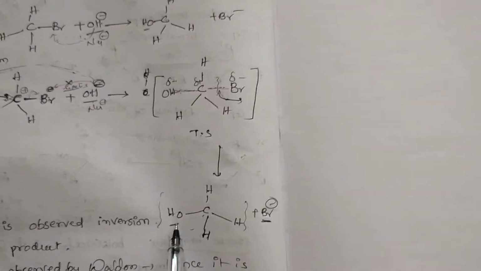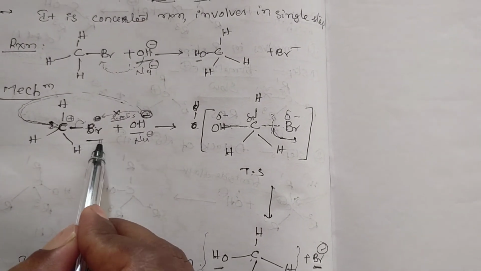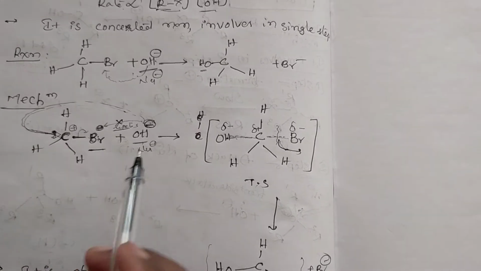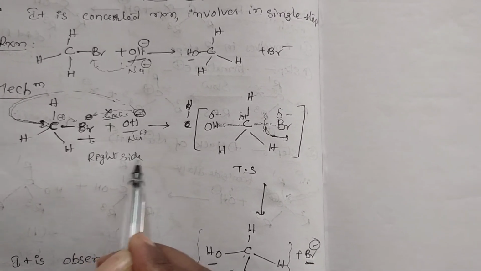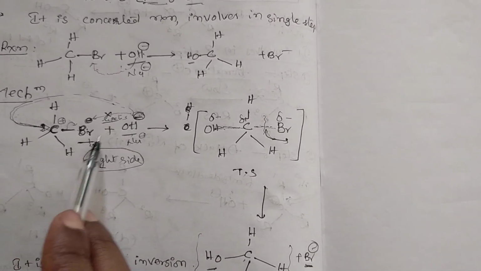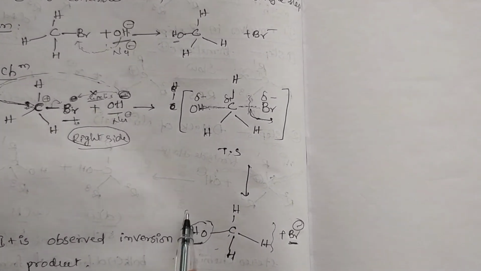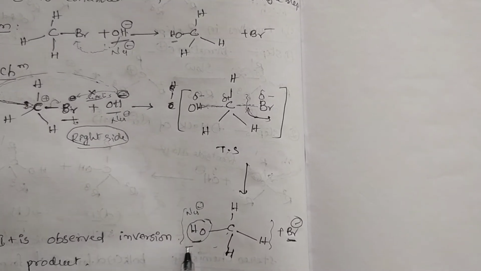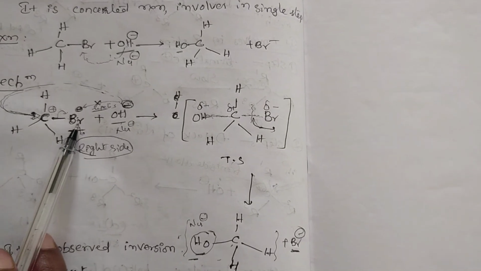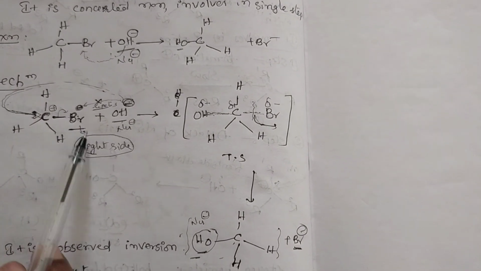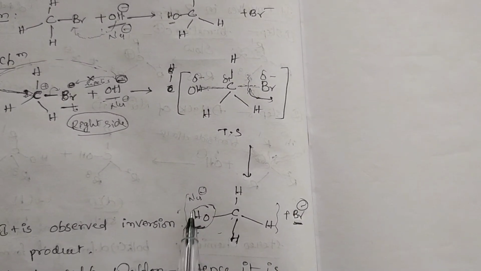If you observe this clearly, before the reaction the nucleophile is on the right side, but after the reaction the nucleophile came to which side, students? Left side. So before the reaction the nucleophile is on the right side, after the reaction OH is on the left side.